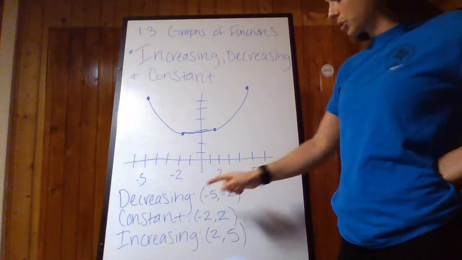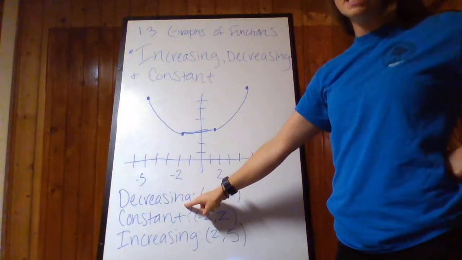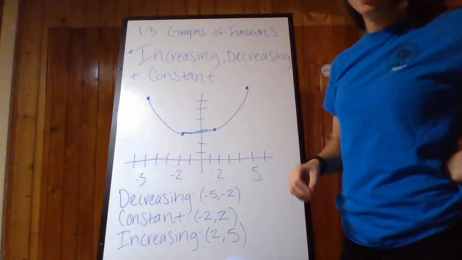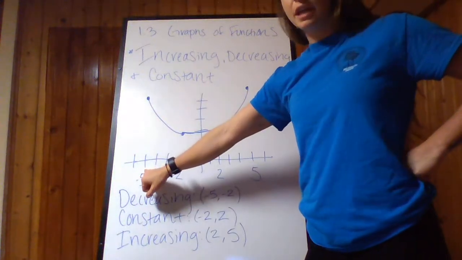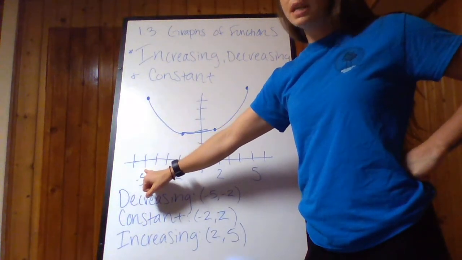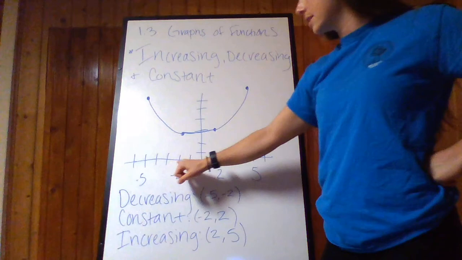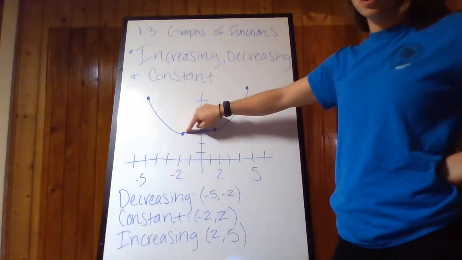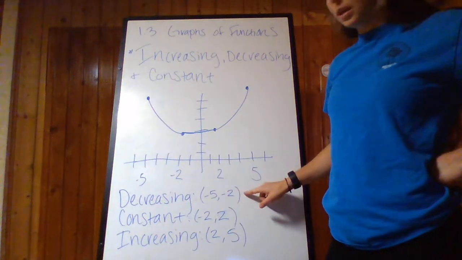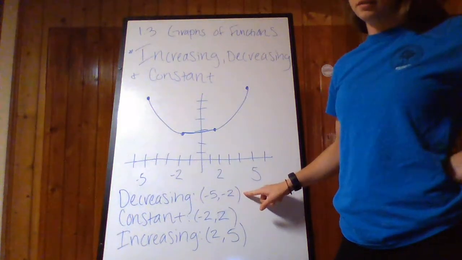So where is this function decreasing? Again, we use our x values for our x coordinates. Between -5 and all the way until it gets to -2, it's on this decreasing slope, so that's the interval of decreasing.